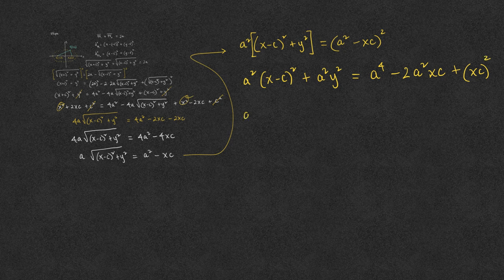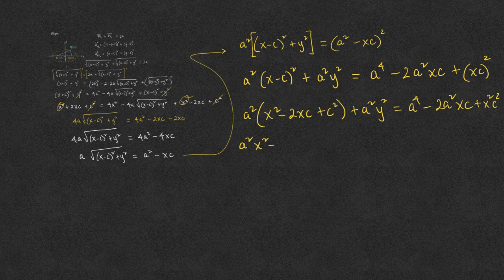Expanding, this is a squared x squared minus 2a squared xc plus a squared c squared plus a squared y squared equals a to the fourth minus 2a squared xc plus x squared c squared.